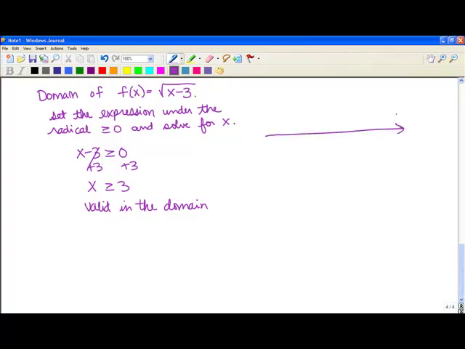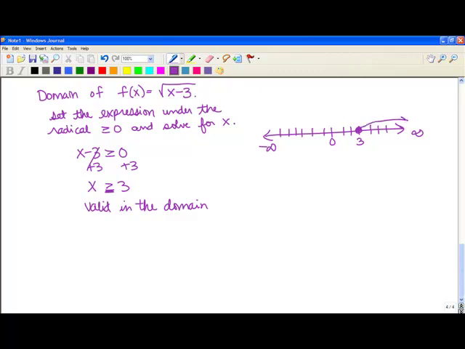Now if we think of the number line here, at 3 we would have a closed dot because x can equal 3. So if it's an equals, we would always have a closed dot.